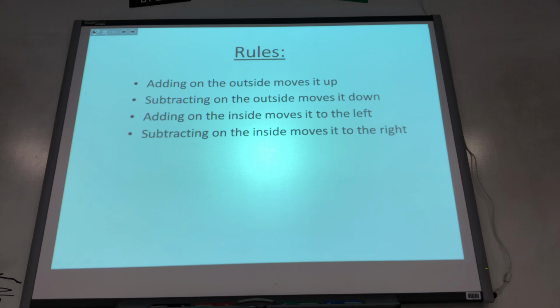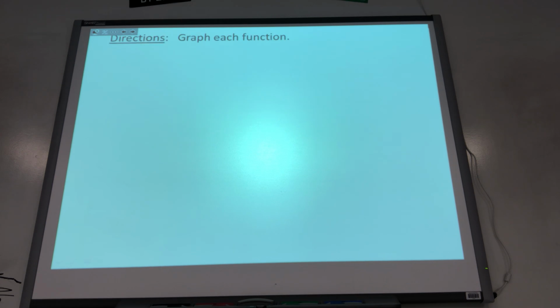All right. So we're just going to try one today with the review, and it's kind of similar to one from the test because there is a negative out front. Y equals negative square root of x plus 4.